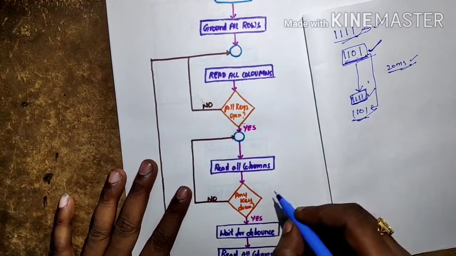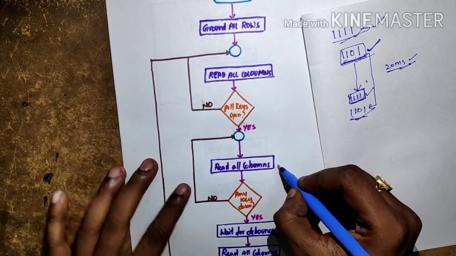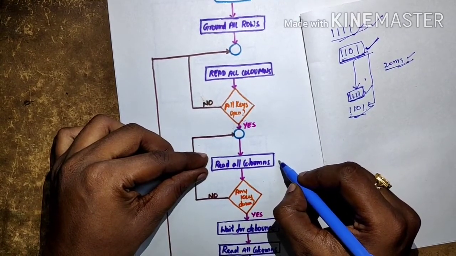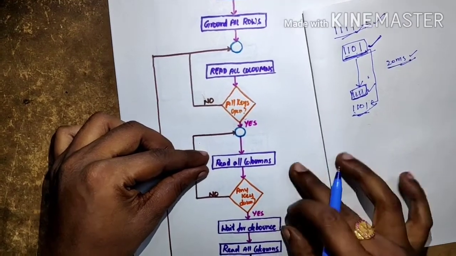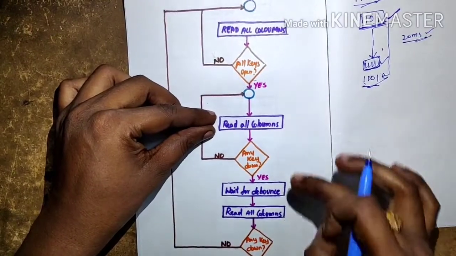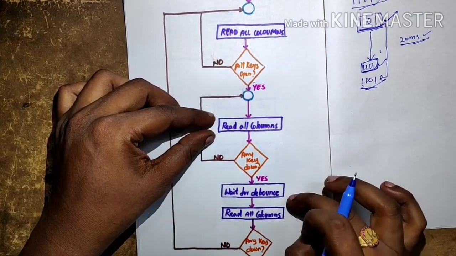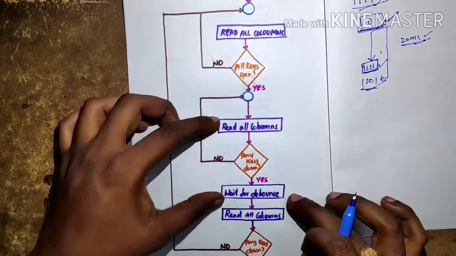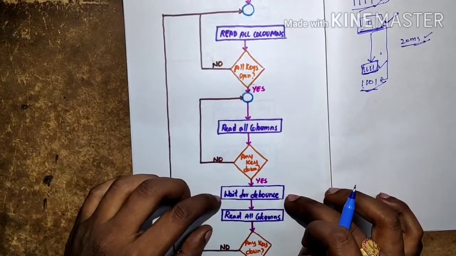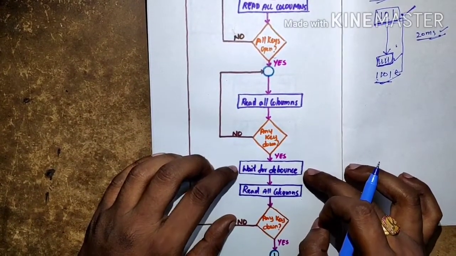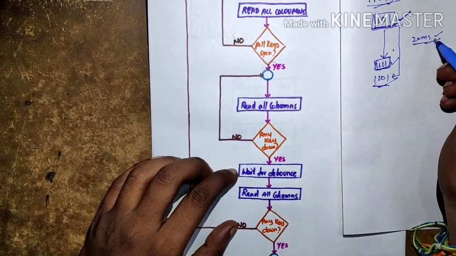Whenever we experience a change in this particular step, that doesn't confirm there is a key press. A key press will be confirmed only after a particular amount of delay time. It will wait for debounce, which is nothing but a delay time of 20 milliseconds.